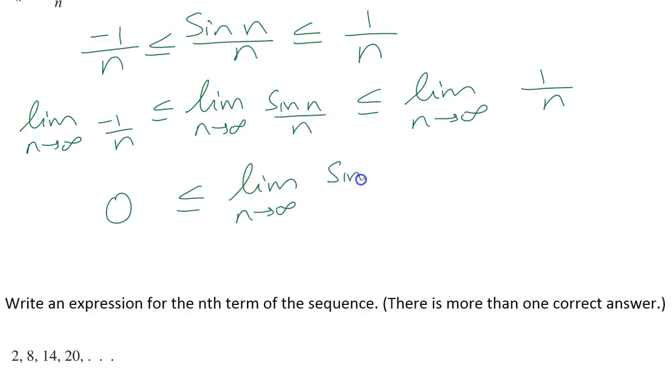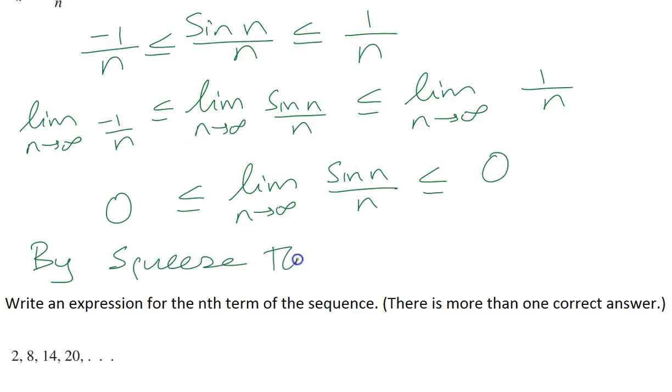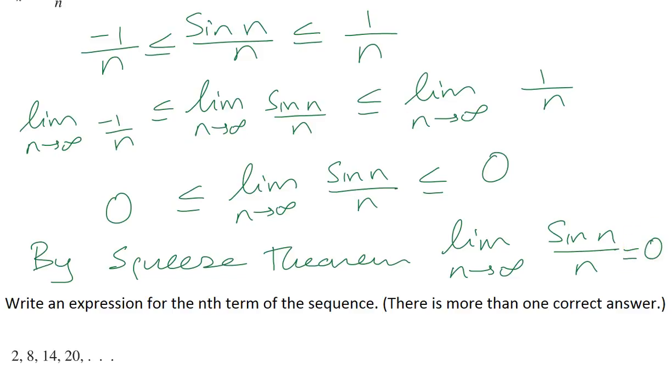And if you're not sure about the middle limit, just leave it there. What is this limit? 0. Both these values are the same. So we will write by squeeze theorem, limit as n goes to infinity of sine n over n is 0.